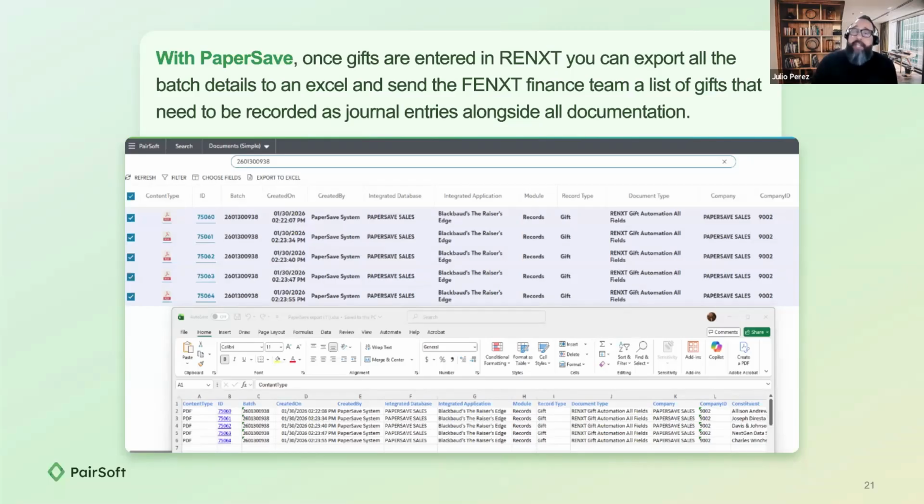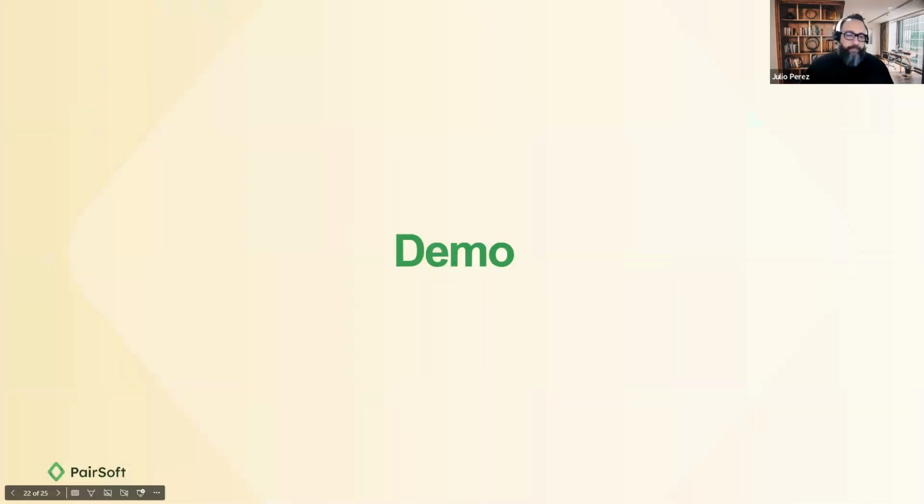In a minute, I'll show you where the gift processor, after that batch is processed, can export all of that batch data out of PaperSave and share it with an AP processor or finance so that they can create journal entries, or sometimes even, based on the information in these Excels, import that right into Blackbaud, depending on the data that you need. So we'll talk a little bit about that as we go.